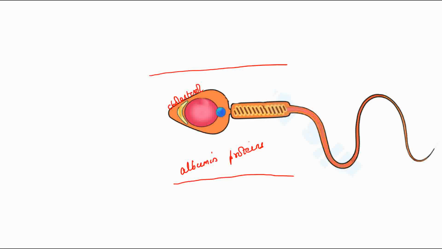And as this cholesterol is removed, what will happen? Some receptor proteins, which were previously scattered in the sperm plasma membrane, get aggregated to one end, meaning the anterior end of the sperm.